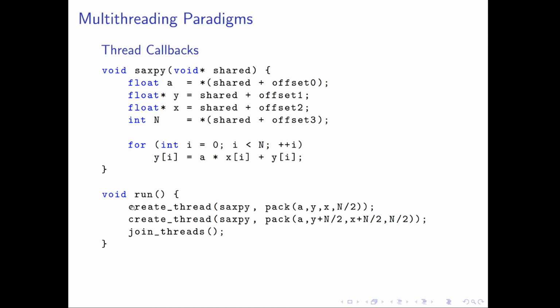Then I'm explicitly scheduling those threads, and with those APIs I usually have a function where I can join those threads again, because when they finish, there's also synchronization needed. So this is the Zaxby example implemented using thread callbacks, and this is pretty much the most low level API to multithreading that you can use.